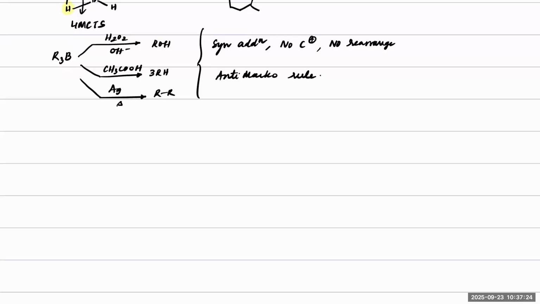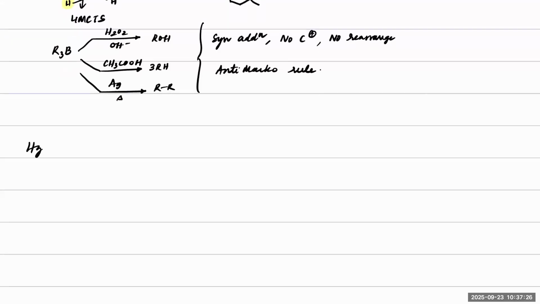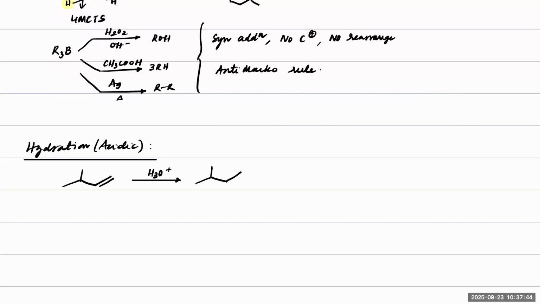Last one being a simple hydration, which is acidic form. So if I take the same reactant here, and if I treat this with H3O plus, it means you are supposed to do protonation and finally get the alcohol here.